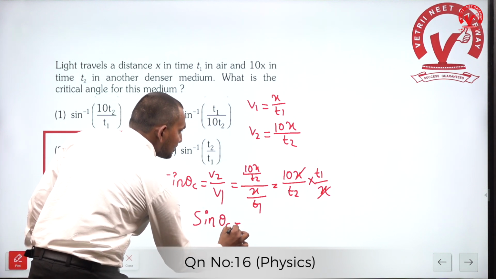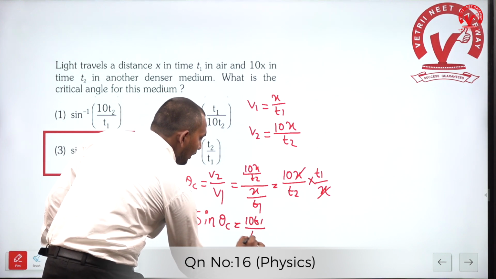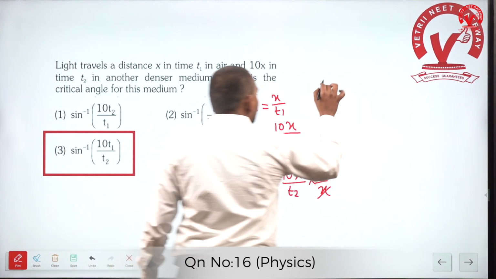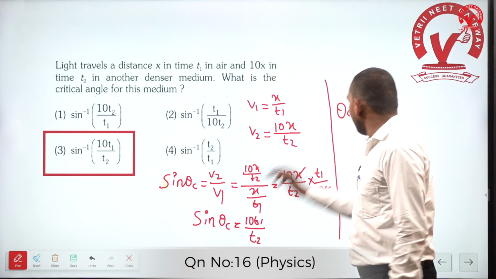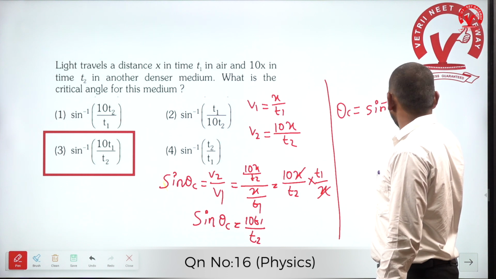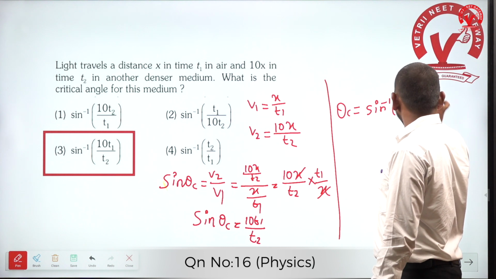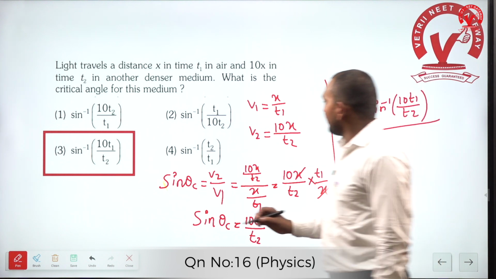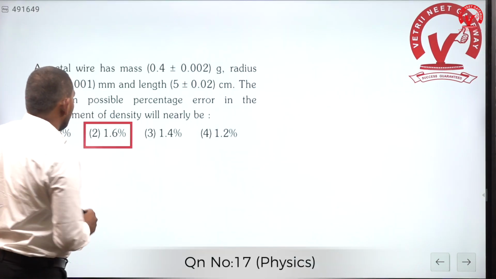Sin theta c is equal to 10 t1 divided by t2. Then angle theta c is equal to, taking sin to this side, sin inverse of 10 t1 divided by t2. So our correct option is option 3. We'll go to the next one.